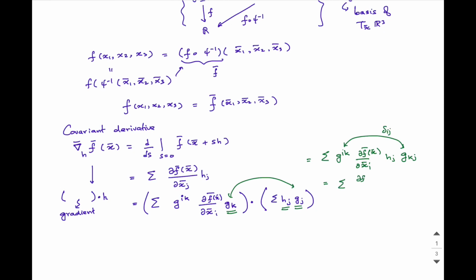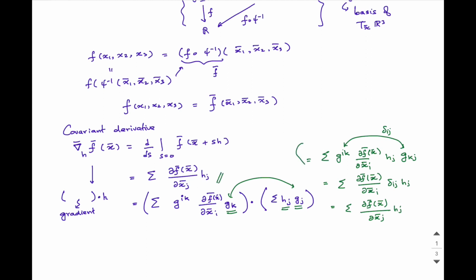So this is going to be partial f bar at x bar by partial x bar i times delta ij hj. And this is nothing but this expression over here, which is summation of partial f bar by partial x bar j hj, which is exactly the expression that you have here.